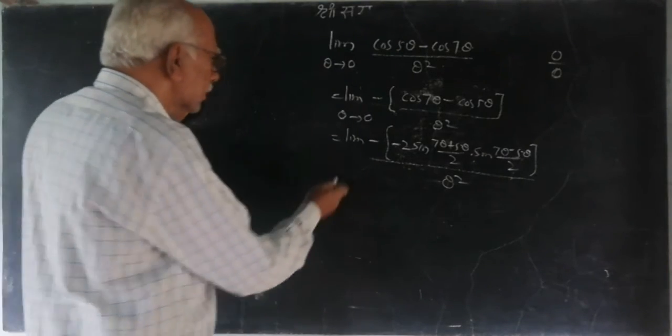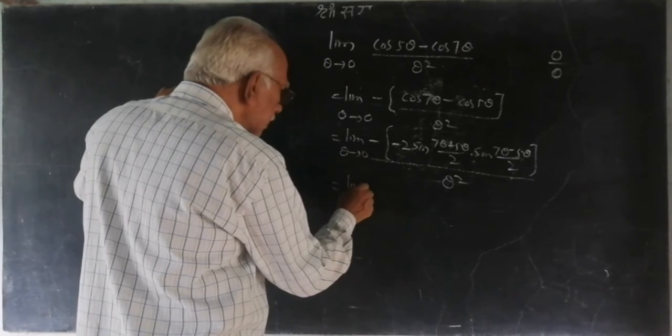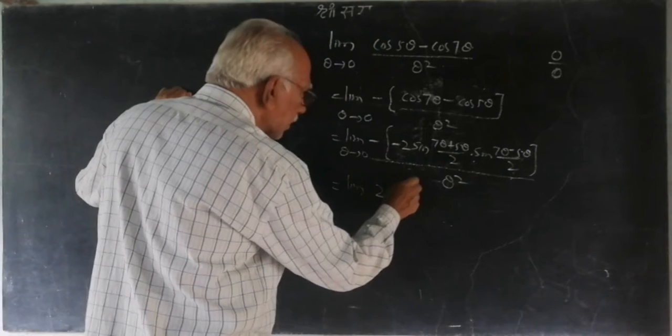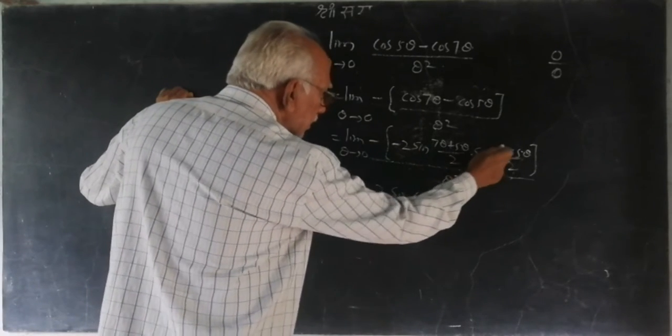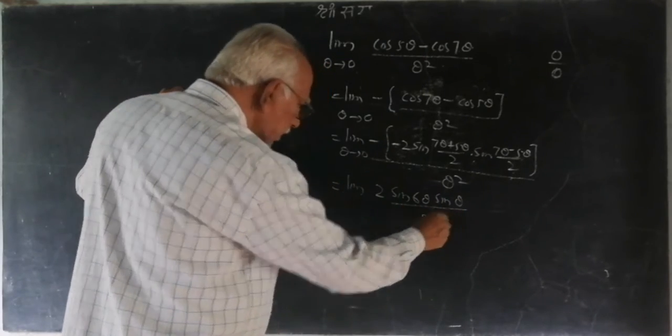Now minus and minus is plus. So that is limit of 2 sin 6 theta, since 12 by 2 is 6 theta, and sin theta, since 2 by 2 is 1 theta, divided by theta square.